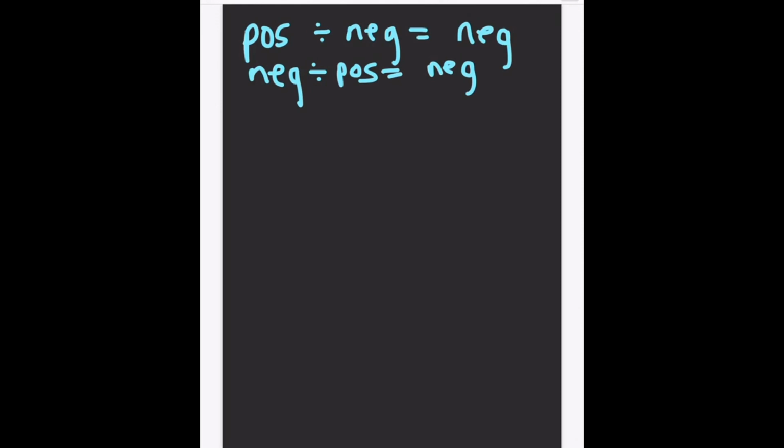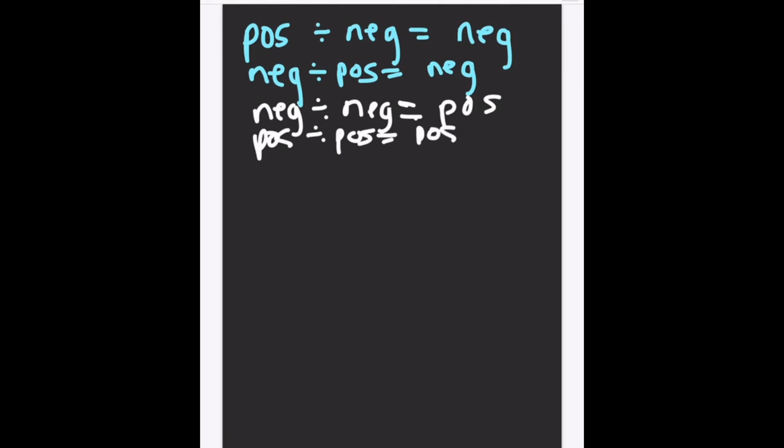But a negative divided by a negative always gives you a positive answer. And a positive divided by a positive always gives you a positive answer. Same concept as multiplying: when the 2 signs are different, one negative and one positive, it's always going to give you a negative. When both are negative or both are positive, you're always going to get a positive answer. So that's really it.